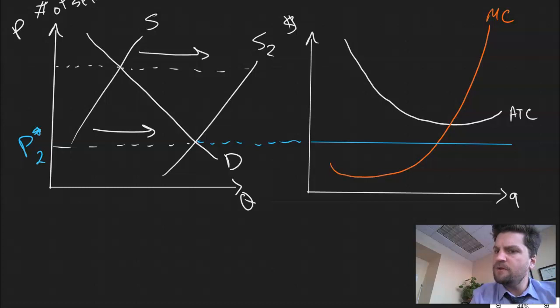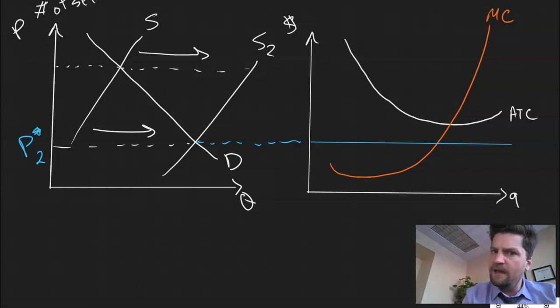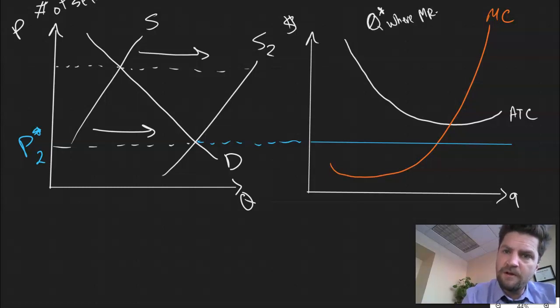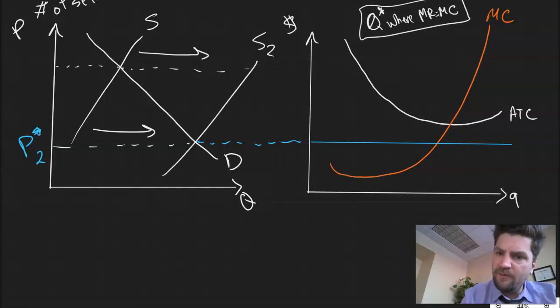There's been so much pressure on the price that if we use our profit maximizing rule, which is to produce Q star where MR is equal to MC, well, then we have to find where they meet and go ahead and drop that Q star like an anchor. And now we need to find the associated average cost with this Q star, right?